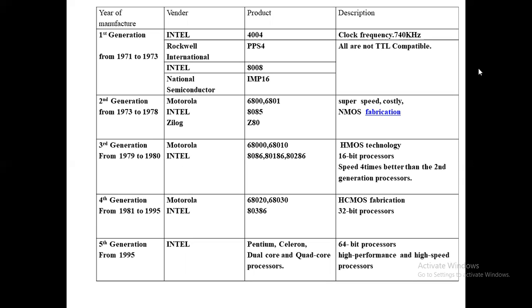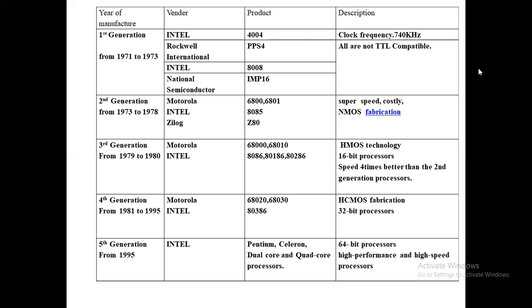In the case of the second generation, the period from 1973 to 1978, very effective 8-bit microprocessors were implemented, like Motorola 6800 and 6801, Intel 8085, and Zilog Z80, which were among the most popular ones. Owing to their super fast speed, they were costly, as they were based on NMOS fabrication technology. Then in the third generation, 16-bit processors were created and designed using HMOS.